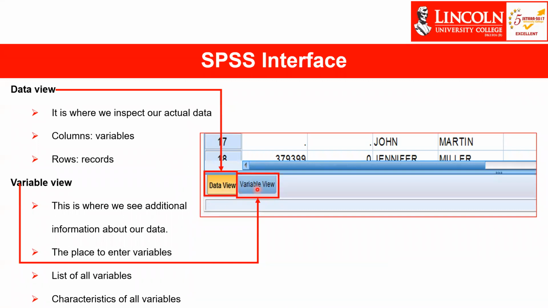Then the characteristics of all variables, such as the type of value the variable can take, whether the variable has a decimal point or not. Take, for example, a variable called gender, which has some kind of categorical values. This is also where you can see the values that have been declared.